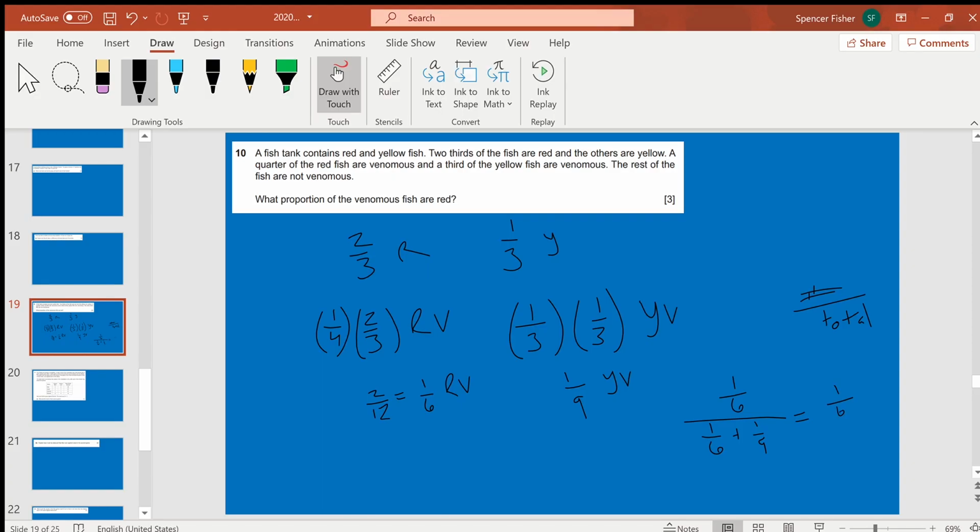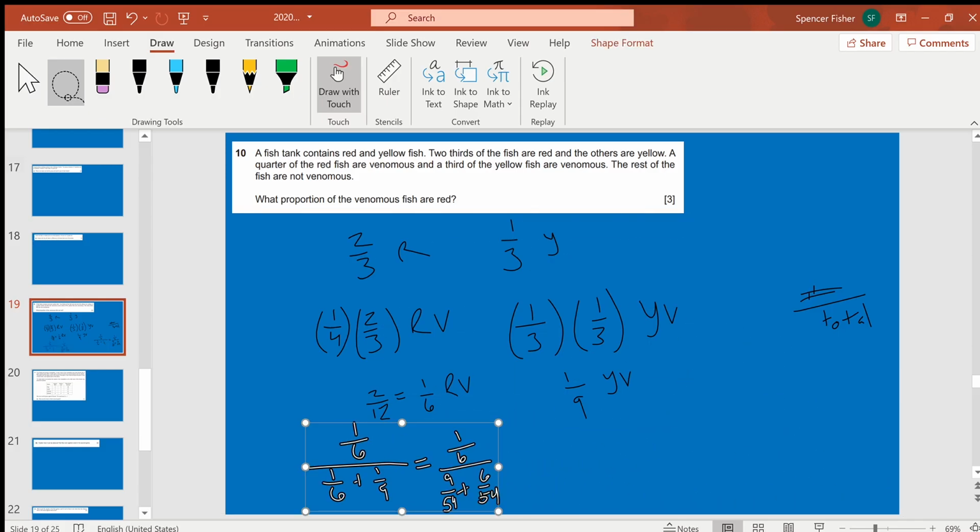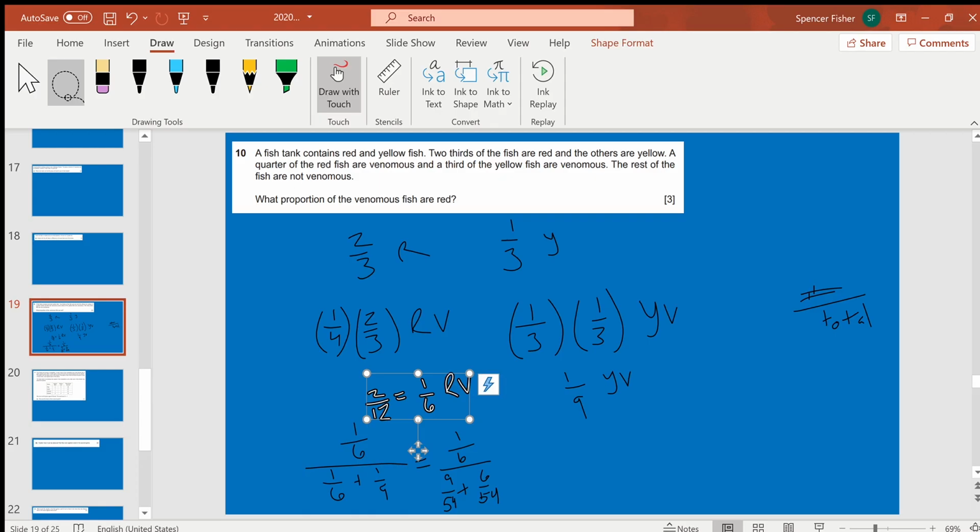So we'll have 1/6 over 9 over 54 plus 6 over 54, which is 15 over 54.